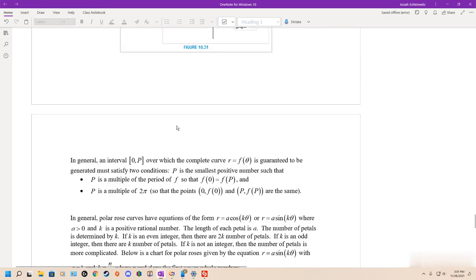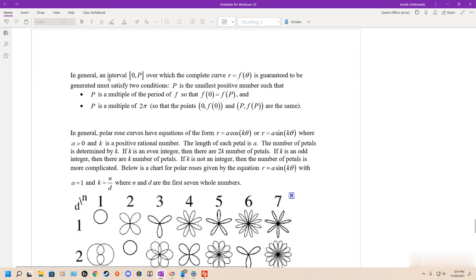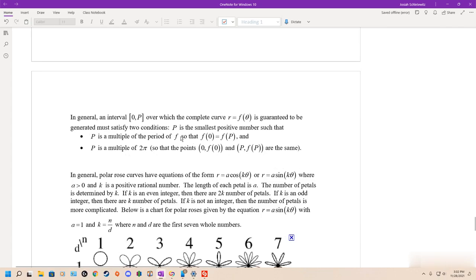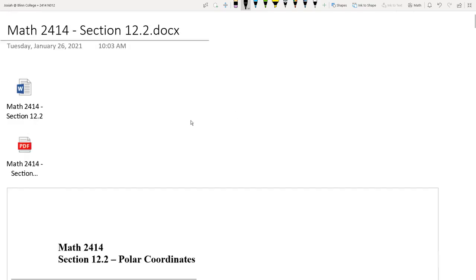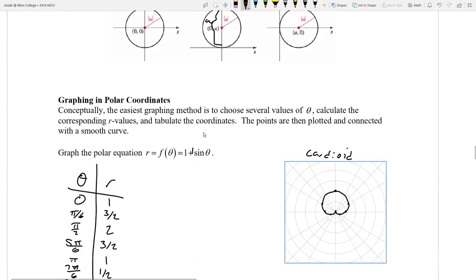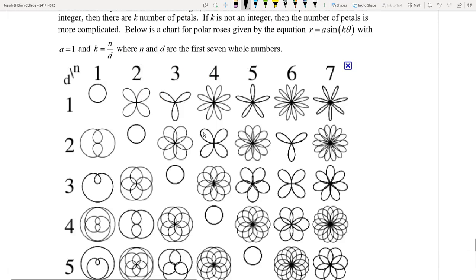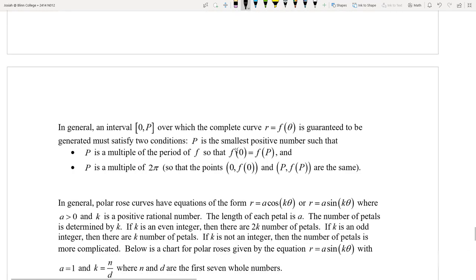So that's important. In general, as it says here, an interval 0 to P over which the complete curve is guaranteed to be generated must satisfy two conditions. P is the smallest positive number such that P is a multiple of the period. So P has to be a multiple of the period so that the first output and the last output match up, so that the radii are the same.